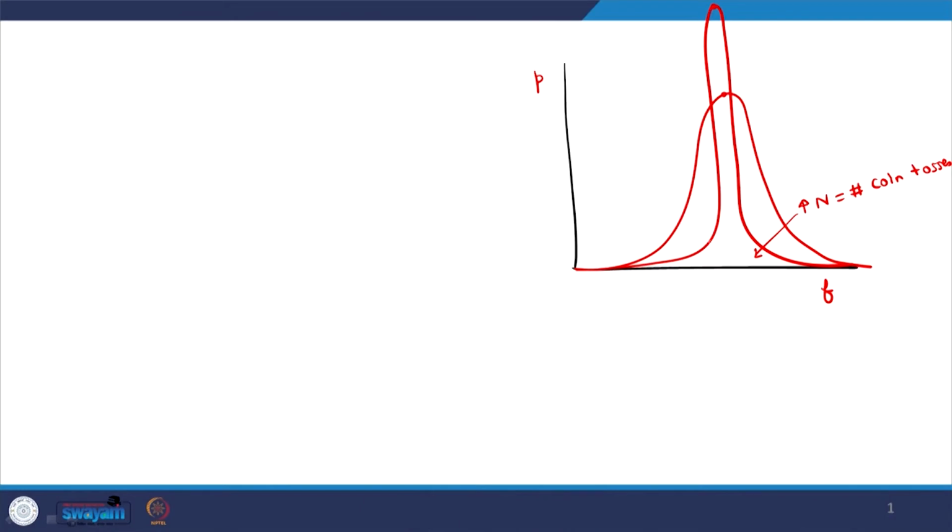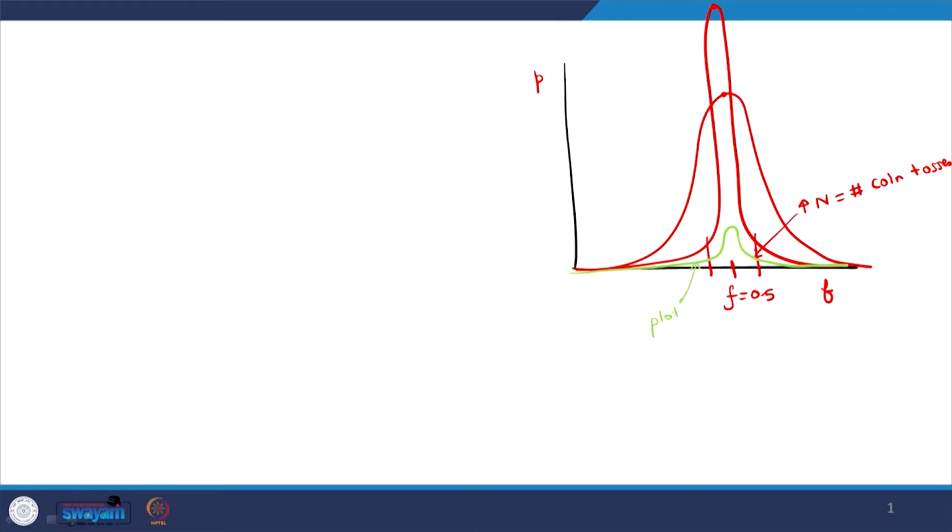So, if I do not look at the probability at a particular location f equal to 0.5, that probability is clearly decreasing. Actually, as I was telling you, the plot will not look like this, the plot will actually look like something like that, right.